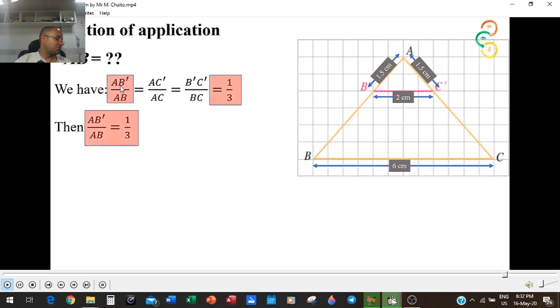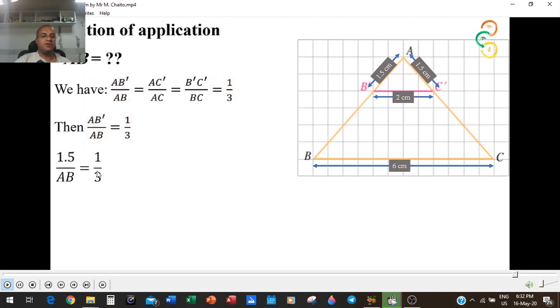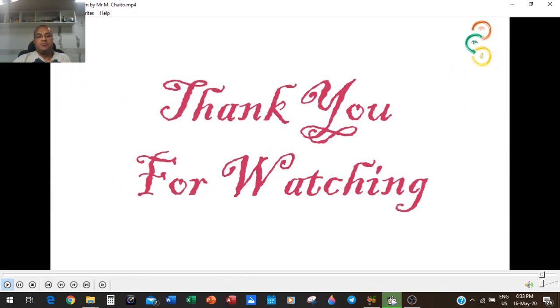We substitute AB prime by 1.5, and by cross multiplication we get AB equal to 4.5 centimeters. AB equals 4.5 centimeters, so AC is equal to 4.5 centimeters, because they are the base sides of an isosceles triangle.